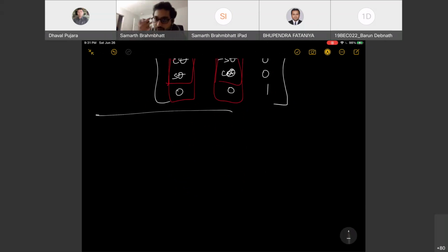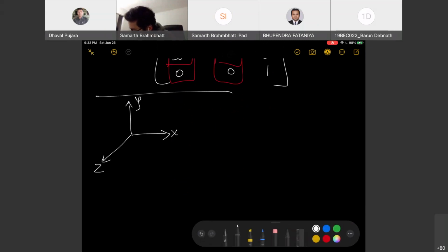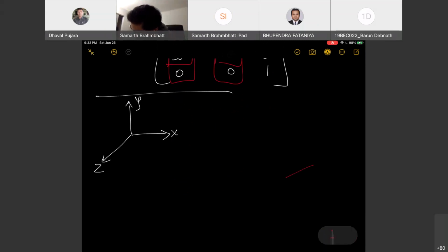Now I'm not going to repeat everything, but I'll just draw one example. So let's say you have this one coordinate system, x, y, z, and your other coordinate system, x, y, z.